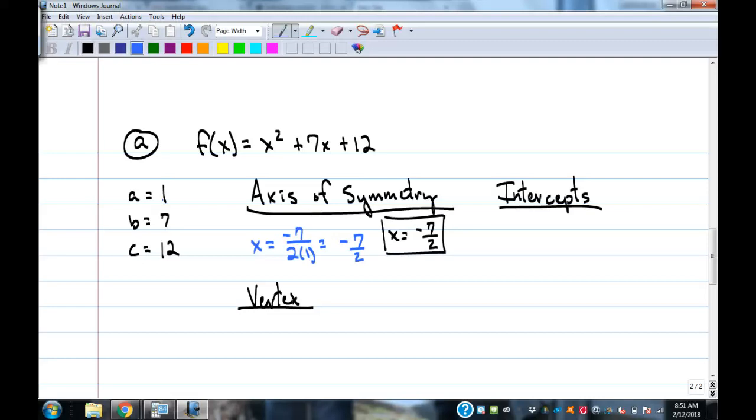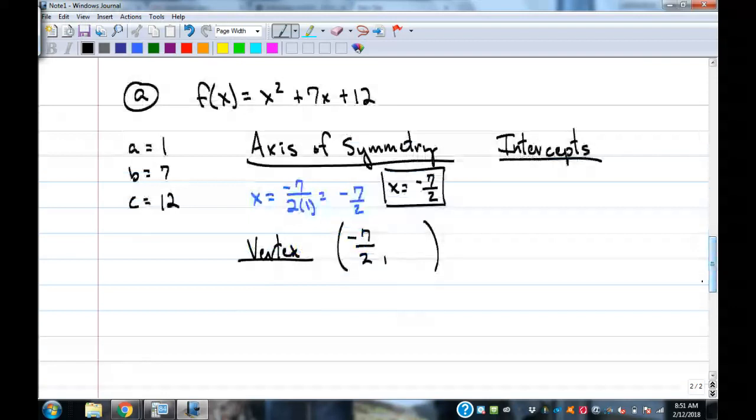Okay? So since we have the axis of symmetry, that gives us what for the vertex? And we got the x value, right? How do we find the y value? Yeah, find f of negative 7 over 2. You've got to insert it into the problem.